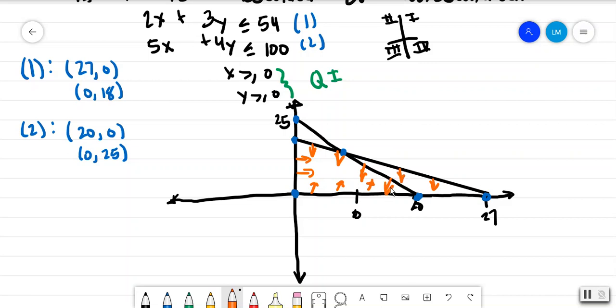Now again, we're only looking for where they overlap, which they happen to overlap right here. So this is our feasible region, but remember that we actually have a name for this. What is it called? Well, it's bounded. So we have a bounded feasible region.